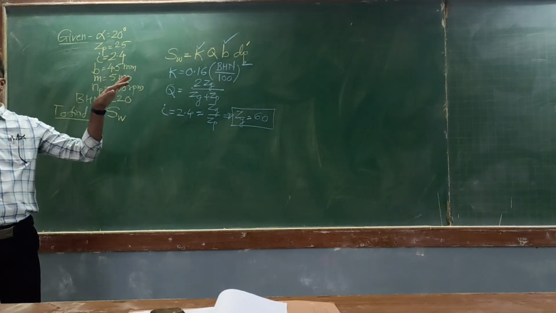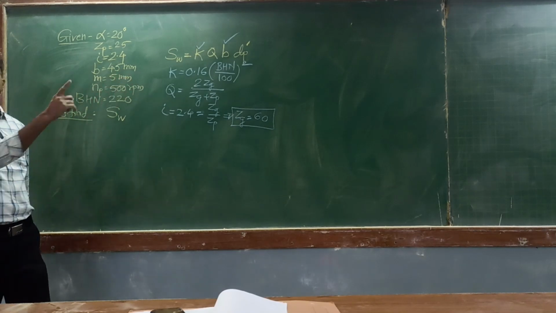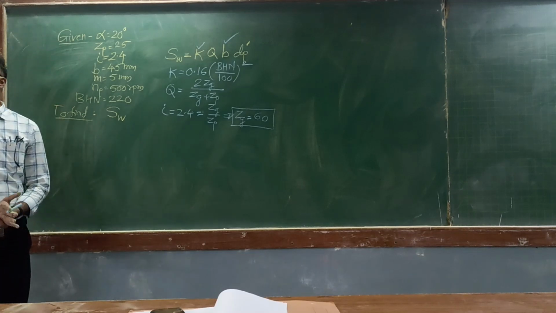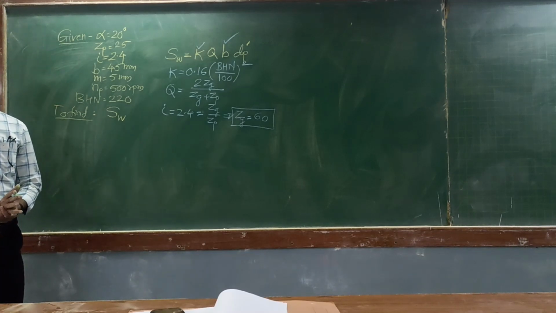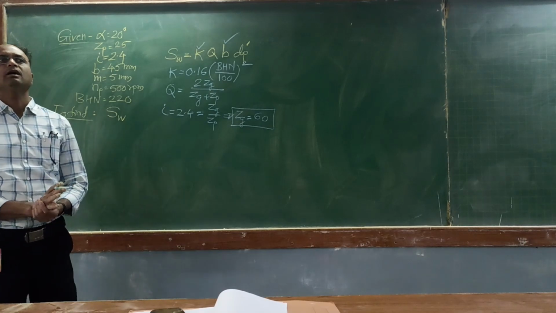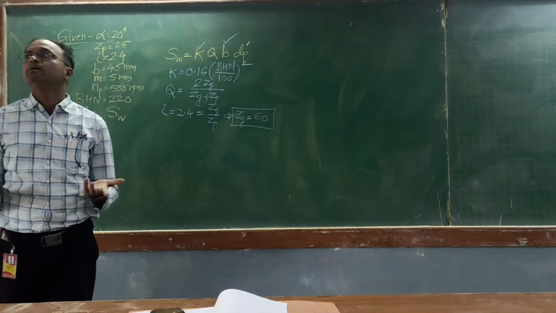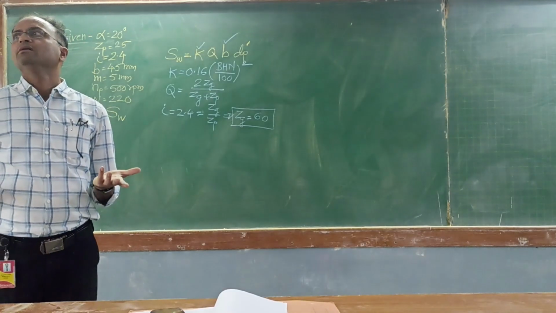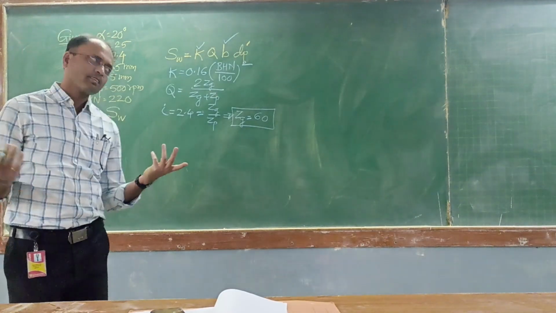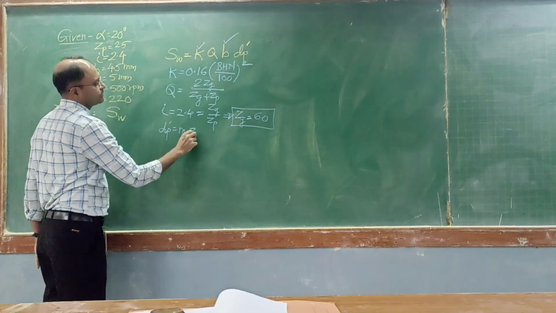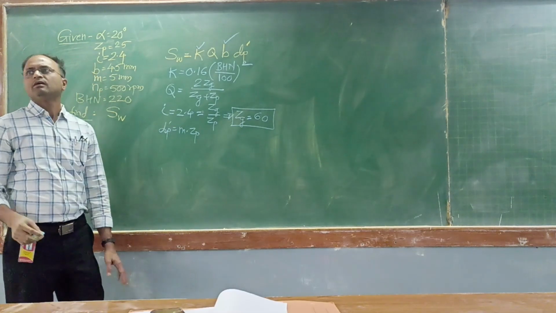Now dP dash. Before you calculate Q, let us discuss dP dash. Is it given? Can you calculate? Yes. How? dP dash is equal to m, module.